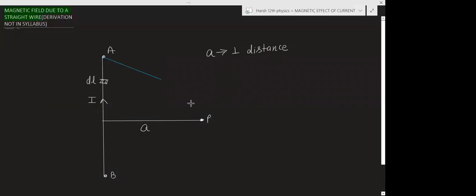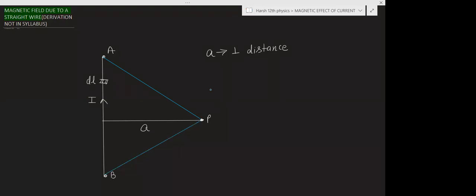So what you will do, you should join the end points of the wire to the point P, making angles.